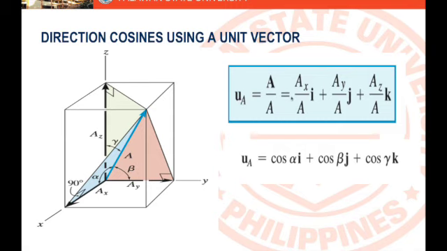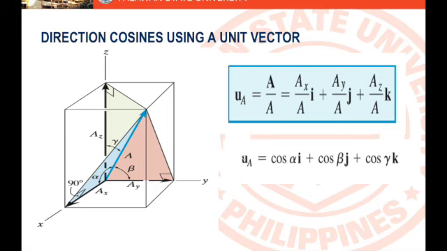Okay, so let's do that on our vectors. We can express our unit vector u sub a as ax over a i, plus ay over a j, plus az over a k. As we have learned earlier, ax over a is equal to cosine alpha, ay over a is cosine beta, az over a is cosine gamma, our direction cosines.